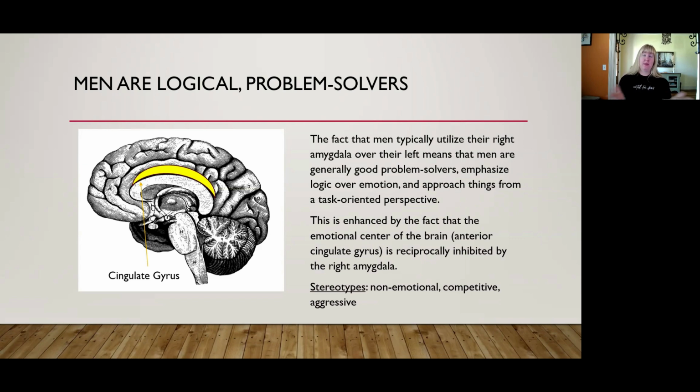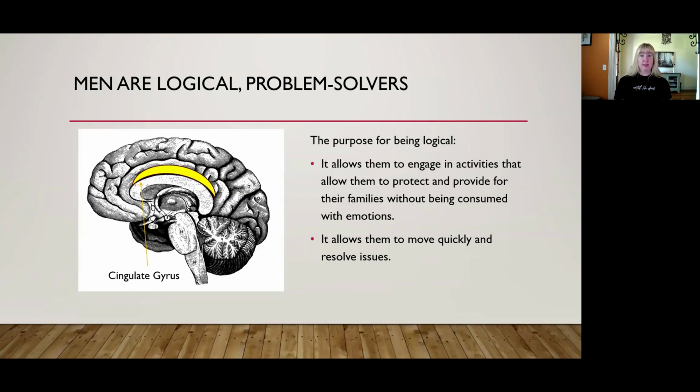And that's designed to help men be better warriors. It's designed to help them be the hunters. So that's what this is. It's allowing them to temporarily detach from their emotions, temporarily suppress their emotions, so that they can focus on the task at hand, that they can fight, that they can strategize, that they can defend themselves and their families, or if they're hunting, that they're able to be strategic in taking the life of an animal, right?